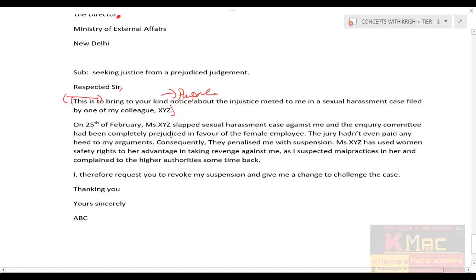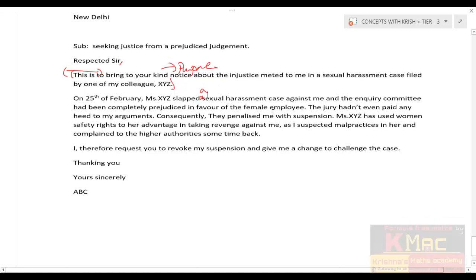Next, the second para starts the actual crux of the letter. So you have to explain the incident properly. On 25th February, Miss XYZ filed a sexual harassment case against me, and the inquiry committee was completely prejudiced in favor of the female employee. The jury hadn't even paid any heed to my arguments.